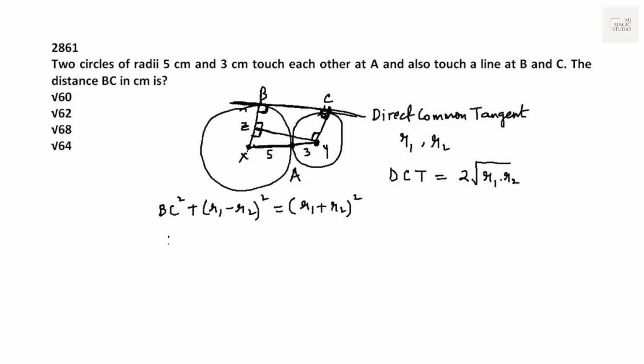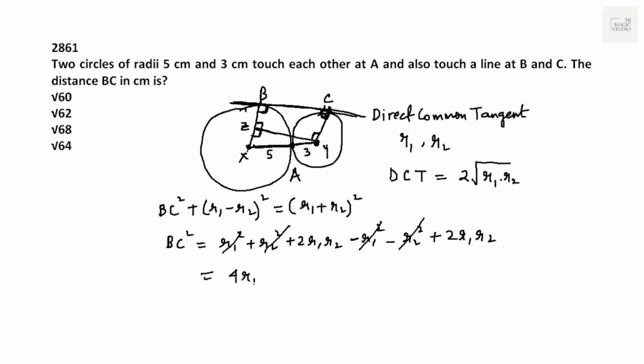So when we solve, BC square is R1 square plus R2 square plus 2R1R2, minus R1 square minus R2 square plus 2R1R2. So we are left with only 4R1R2. Therefore, the length of the direct common tangent is root over 4R1R2 or twice root over R1R2.